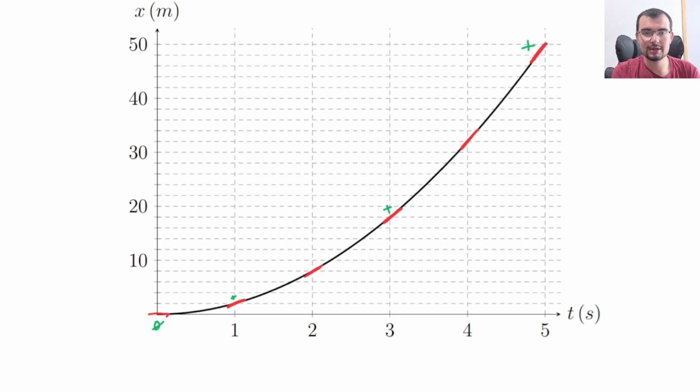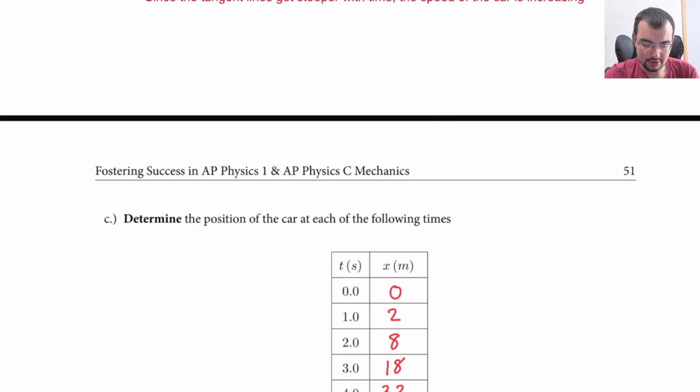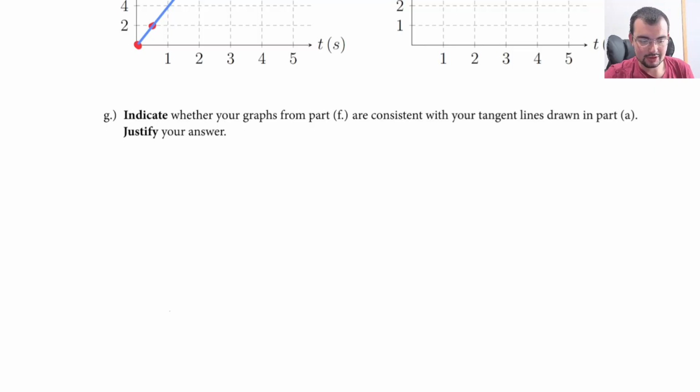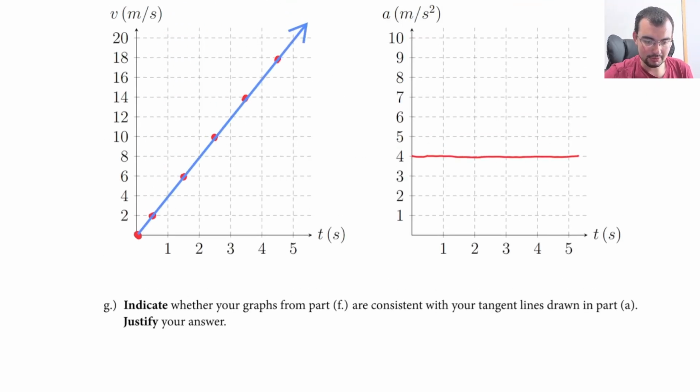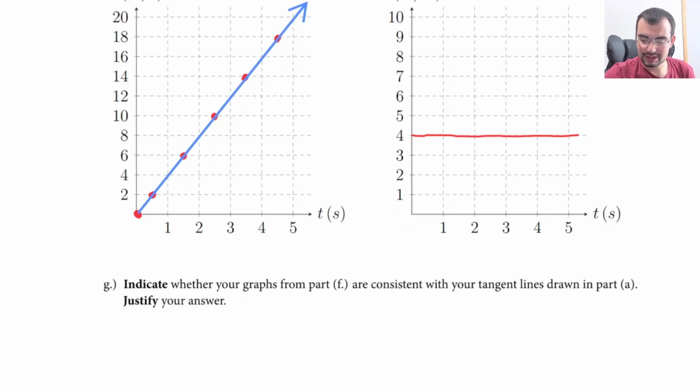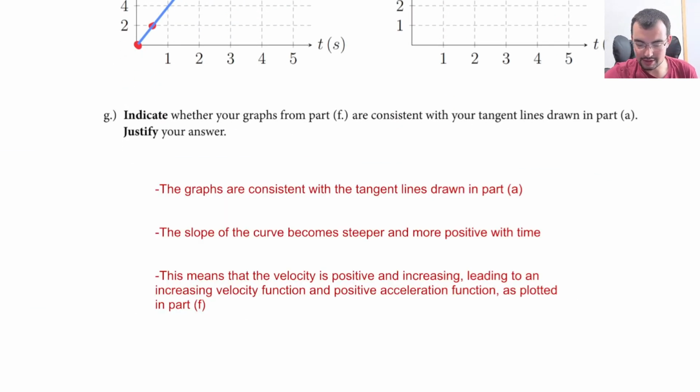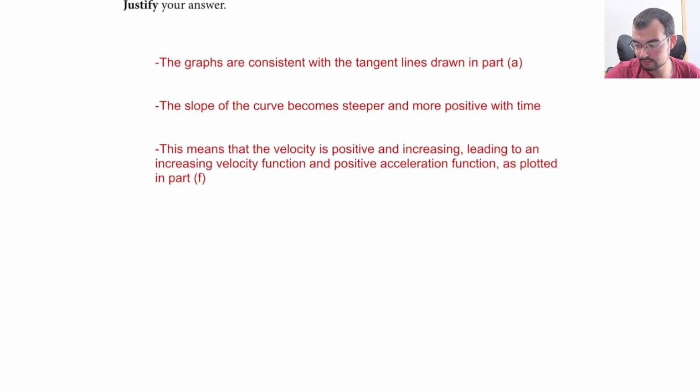If our velocity goes up and up and up, our acceleration must be positive. So yes, it is consistent. Because we said the slope gets steeper, which means the velocity increases, which means the acceleration is positive, as expected. And that is that, just in more formal words.